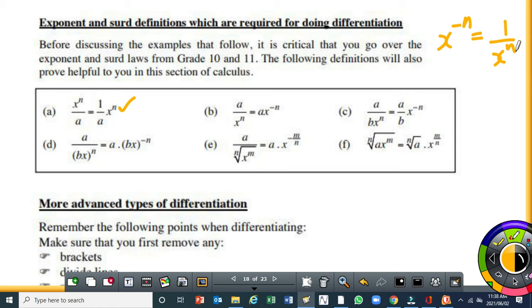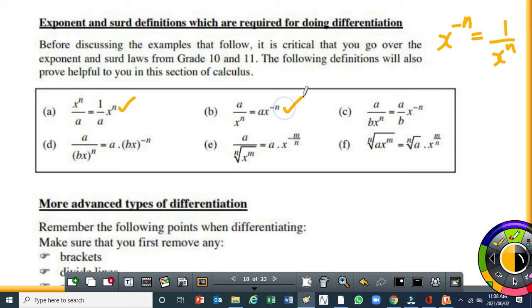Now, when you are finding derivatives using rules, you need to eliminate all division lines. All division lines must be eliminated. All square roots must be eliminated. That's why you need to know these concepts on exponents. Also, a divided by b times x to the power of n is the same as a over b times x to the power of minus n.